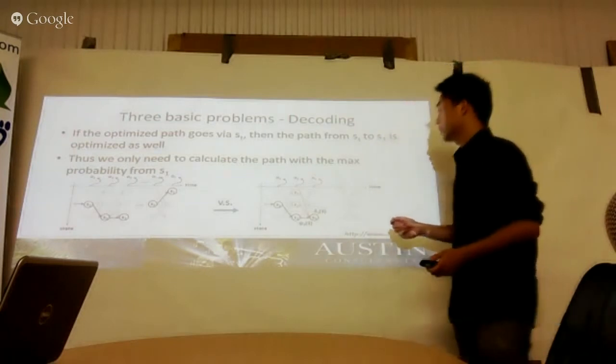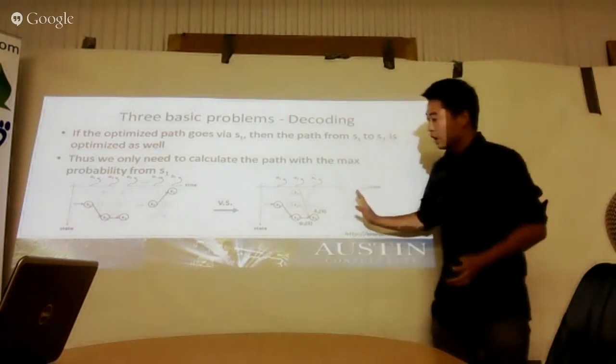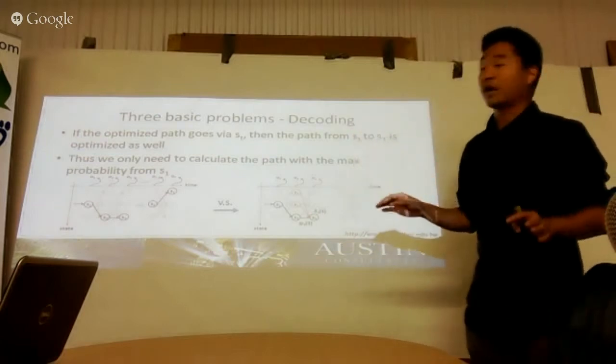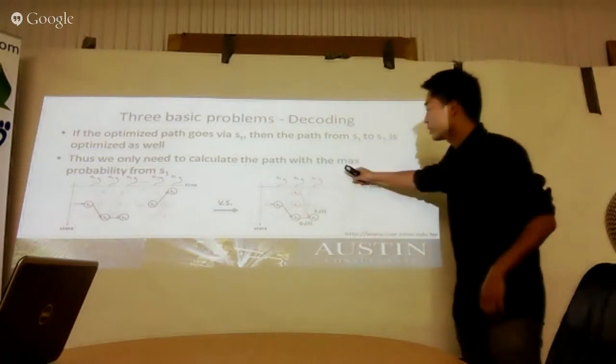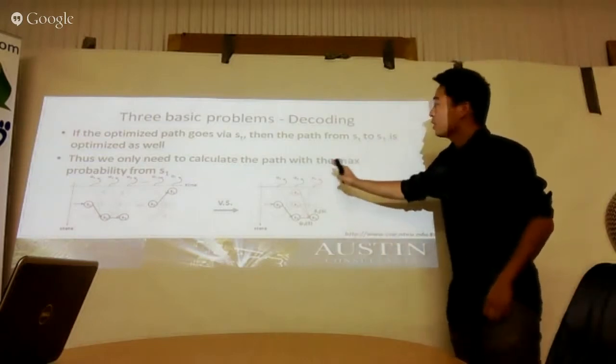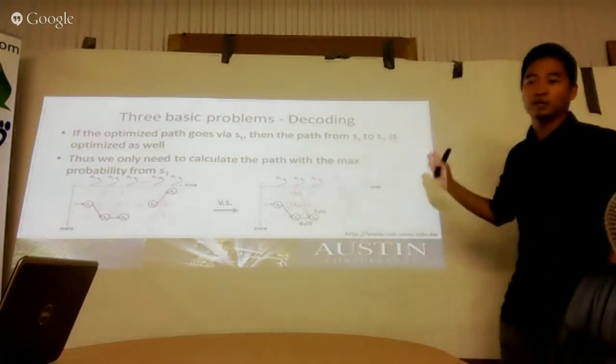Another way to address this is: if one path is optimized and it goes past ST, some state in the middle, all the rest are optimized as well.